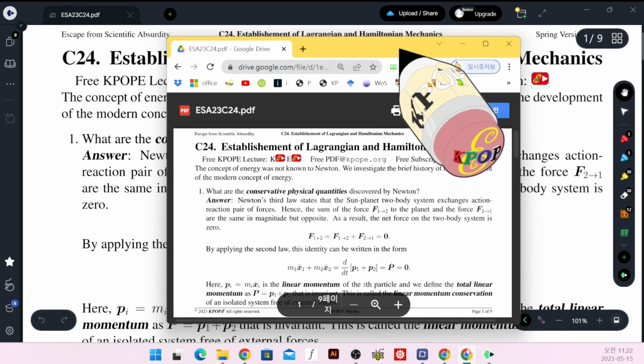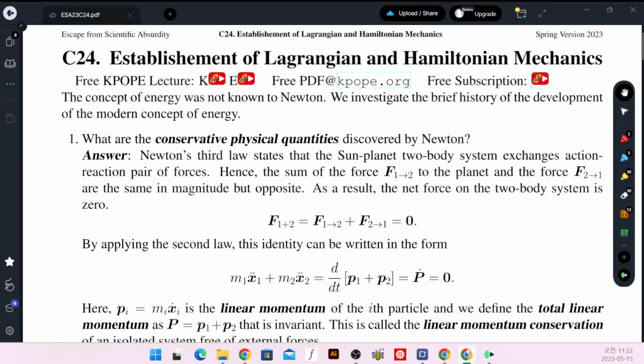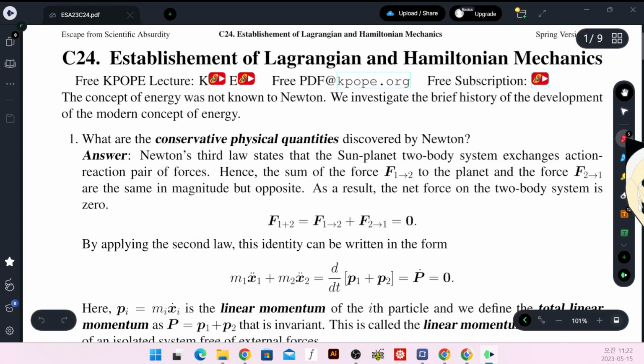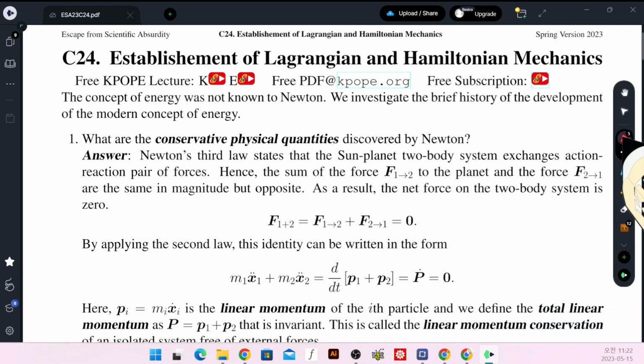Okay, let's begin with C24. Establishment of Lagrangian and Hamiltonian mechanics.